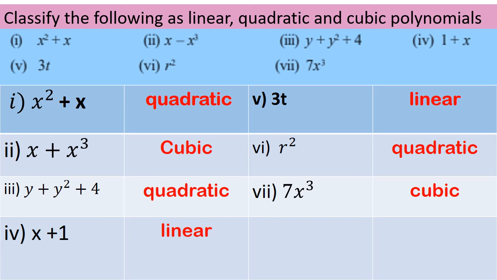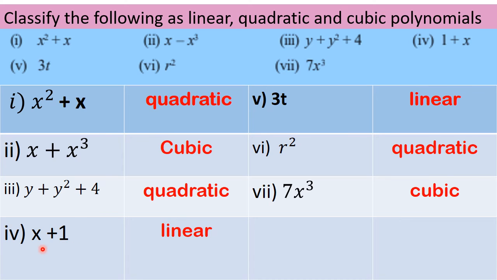The first one is quadratic because the highest power here is 2. And here it is cubic because the highest power is 3. Here again it is quadratic because the highest power is 2. Once again I am reminding you, don't go with the number of terms. You are going to check the highest power.